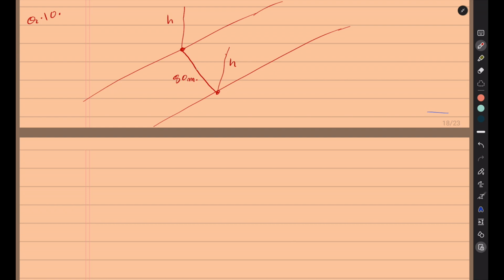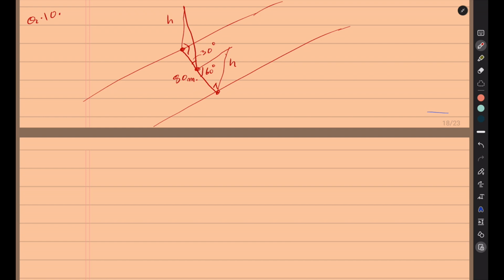Okay, so maybe it is talking about some point here. This angle of elevation is 30 degree, and another angle of elevation is 60 degree. This is a 90 degree angle, this is a 90 degree angle. Find the height of the poles and the distances of the point from the poles.